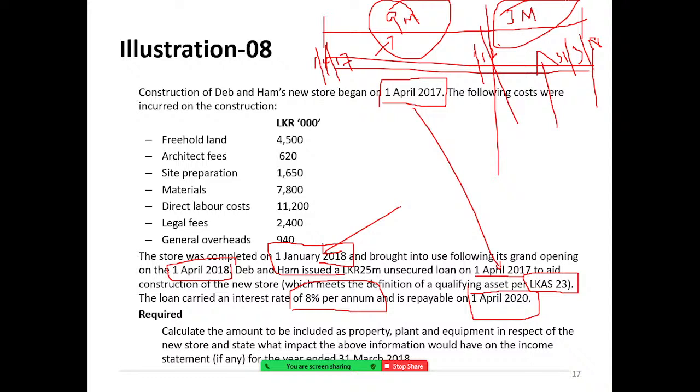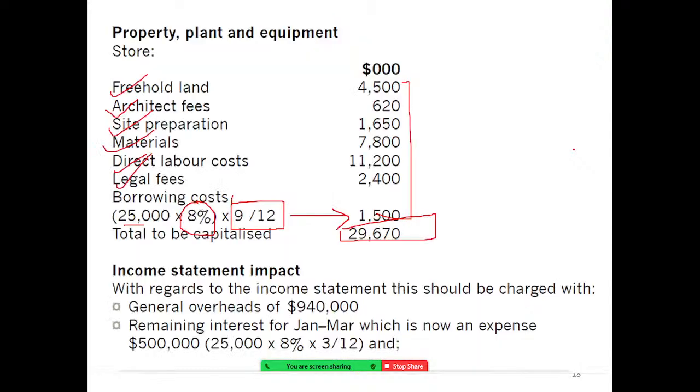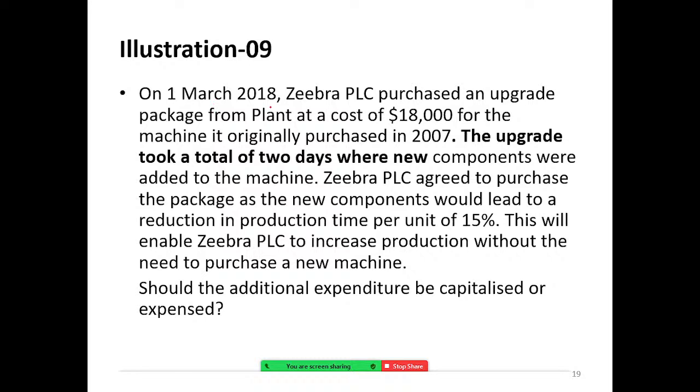This interest cost for the 3 months will be charged as an expense, interest expenditure, not capitalized. Here the borrowing cost is 8%.